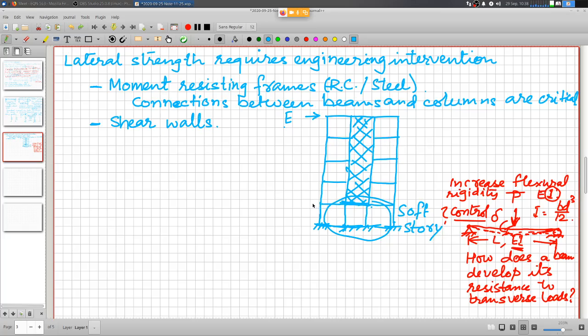Structure at the level above this is very rigid by virtue of this shear wall and lateral resistance. Even you may have infill panels here, and then the ground floor or the basement, whatever you have, it may not have as much stiffness as the upper floors.